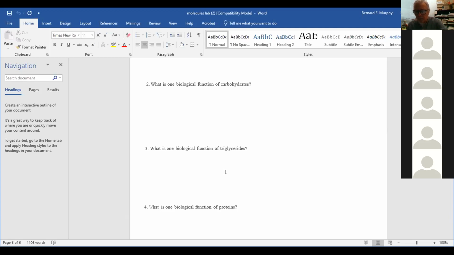The other is insulation. It's really good insulation. Two types of insulation. One, thermal insulation. We have a layer of subcutaneous fat over our whole body underneath our skin, and it helps to insulate you against the cold. But it's also electrical insulation.